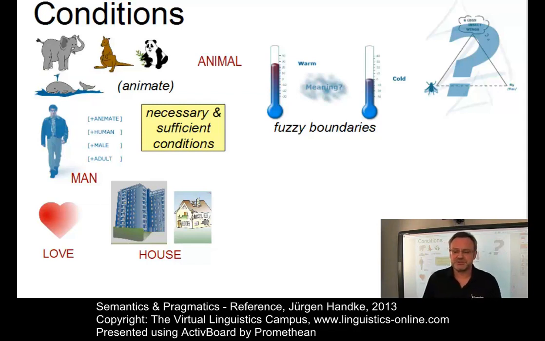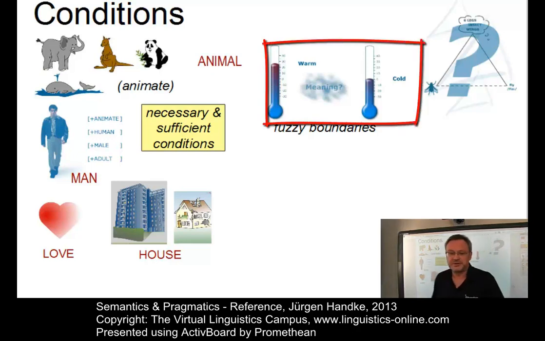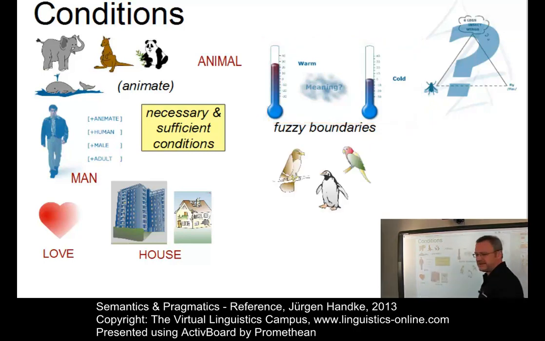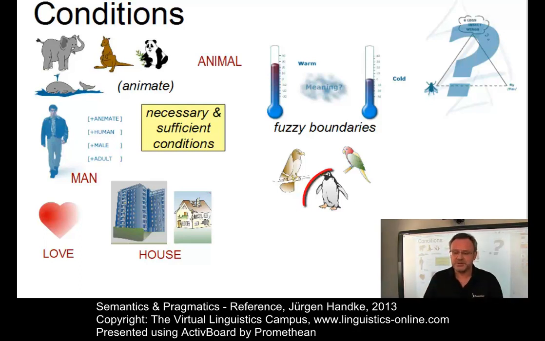But as various experiments have shown, the boundaries of categories such as WARM and COLD are fuzzy and change with the context. And then the approach cannot explain why some members are felt to be better examples of a category than others. For instance, most of you would agree that penguin is not the best example of a bird. It cannot fly.